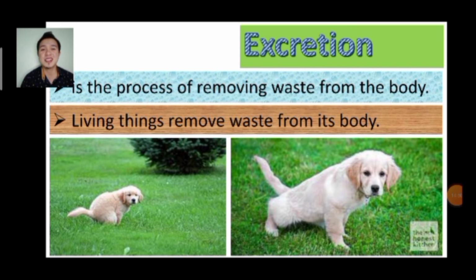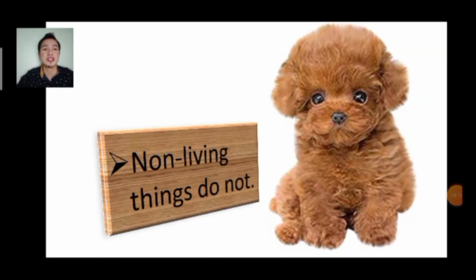You already know what the dog is doing there: the other dog is peeing, and the first dog is pooping. So that's called excretion. Another example for excretion is our sweat. Sometimes we are sweating because we are playing. That's another example of excretion. But non-living things do not.